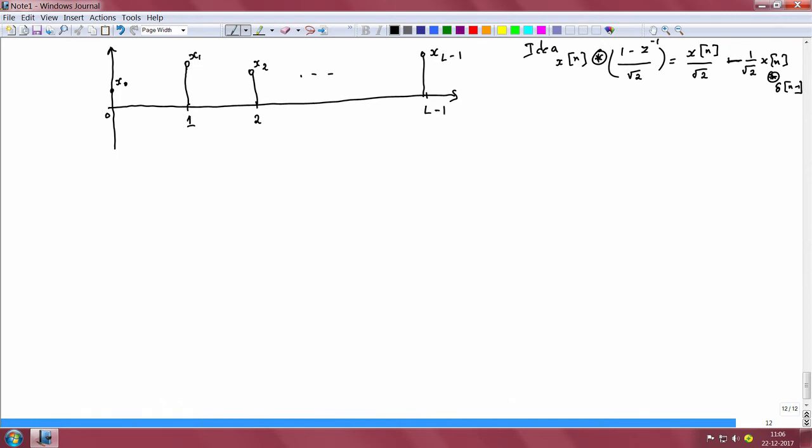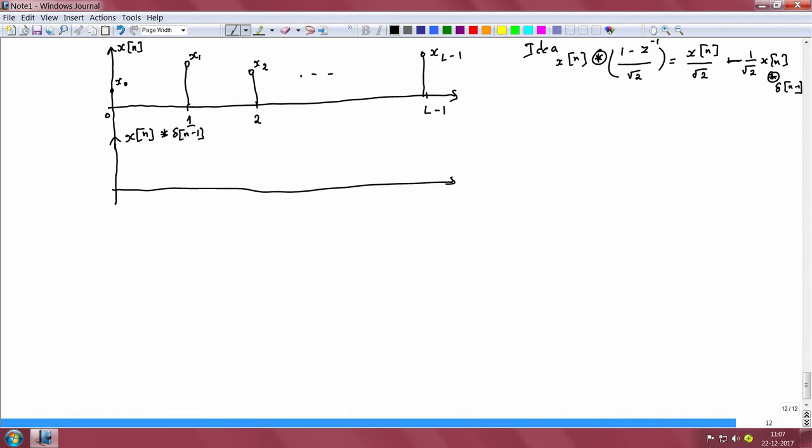So, in this case we have this as x of n. Now, what will be x of n circularly convolved with delta of n minus 1.